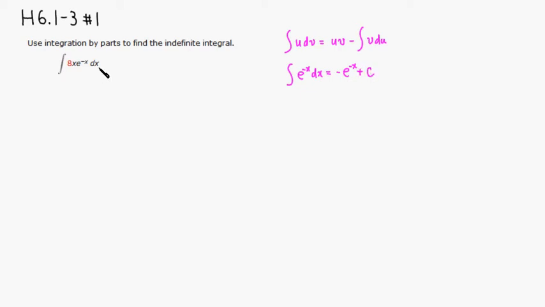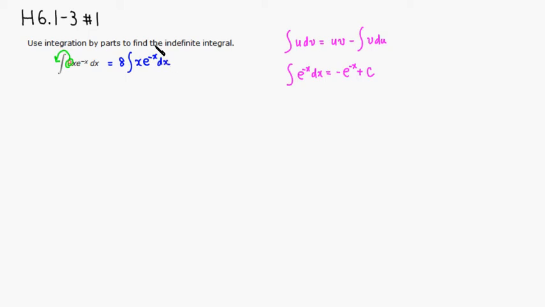Let's apply integration by parts here. What we're going to do first is move this guy in front. So we have 8 times the integral of x e to the negative x with respect to x.